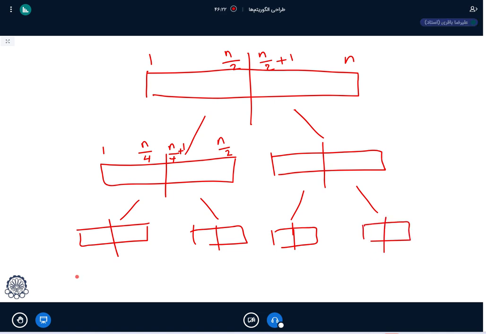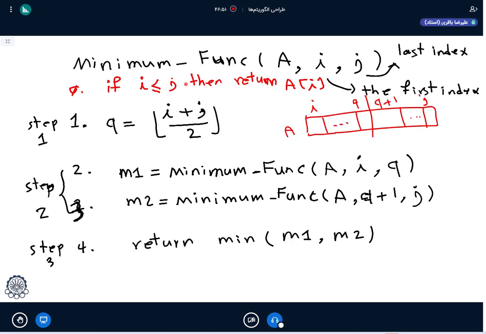Finally, we will reach problems that have only one number. So it is not needed to divide the array more. This is the stop condition, okay? So in the first line of the algorithm, we write the stop condition.